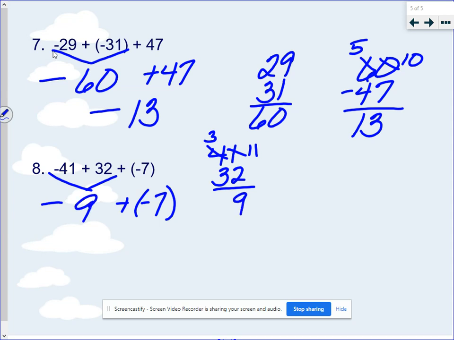Now we have same signs, so we will take the sum, keep the same sign. Take the sum, 9 and 7 is 16, keep the same sign, negative 16. And that is how we add integers.